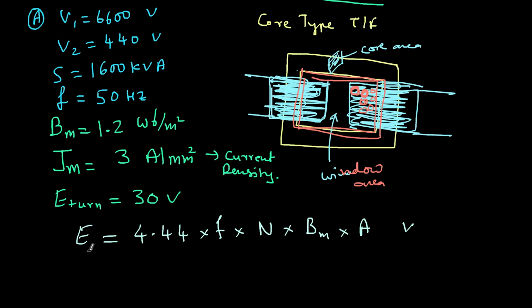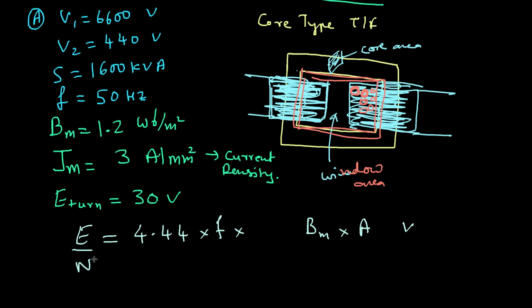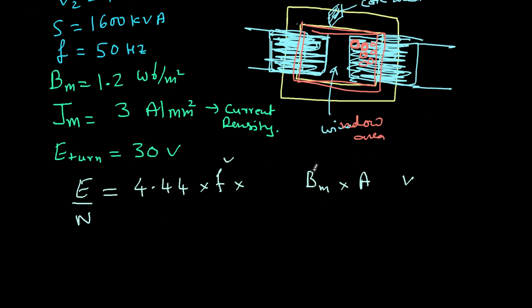Now if I want to know EMF per turn, then I can just transfer this N to the other side. Then this is the EMF per turn, that is given 30 volts. So F is also known, Bmax is also known, and this whole term is also known. So I can find area of cross section from this.